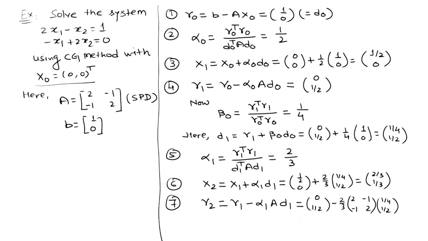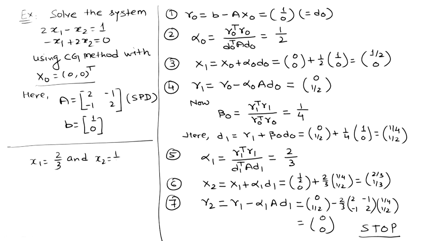So, this becomes (0, 0). Now r2 is 0, so our iteration will stop, meaning the method has converged. The solution is x1 equals 2 by 3 and x2 equals 1 by 3, which is also the exact solution of the system. So, this is the implementation process of the conjugate gradient method.